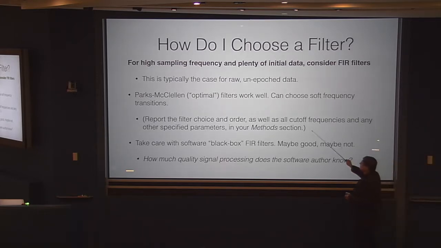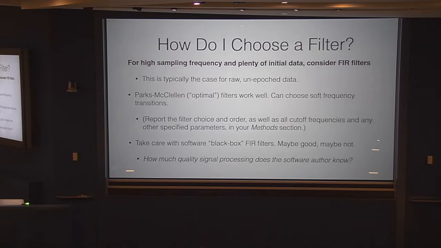This is just a little reminder. When you do choose a filter and you're writing your paper and you're putting the stuff in the methods section, please give a little bit more detail about the kind of filter that you use. I review a lot of papers where they said the signal was low-passed with a Butterworth filter, period. That doesn't help me.